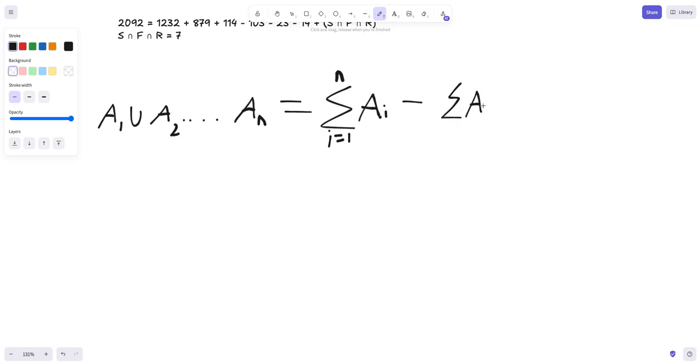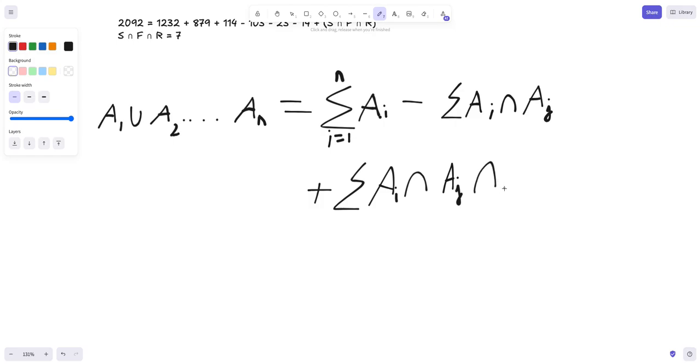So that would be Ai intersection Aj, and then we would add the triple intersections that we have. So that would look something like Ai intersection Aj intersection Ak.